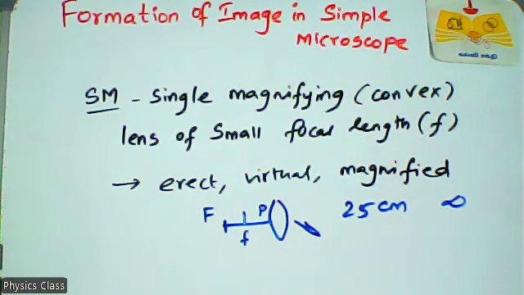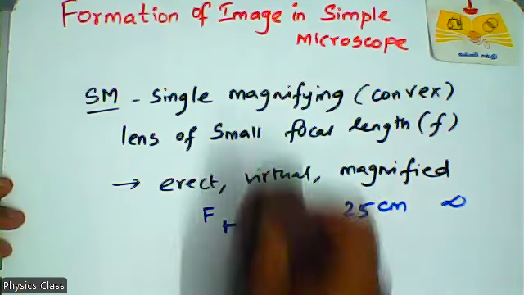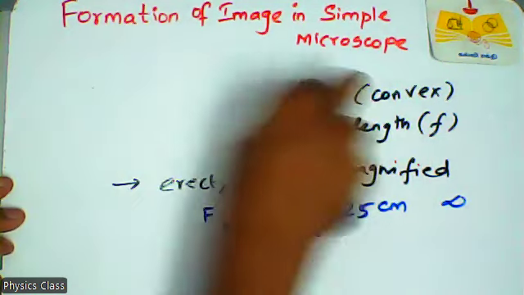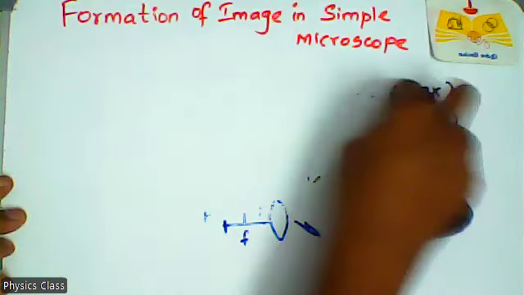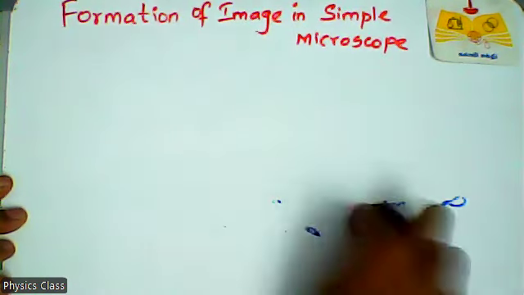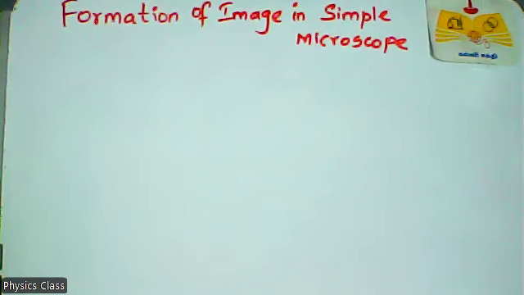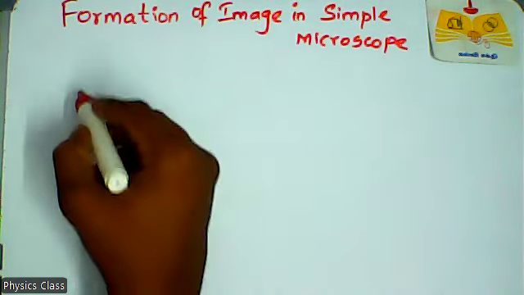So 25 centimeter is the near point, and infinity is the far point for the healthy human eye. Okay, right. So image formation in simple microscope is classified into two cases: one is near point focusing, another is far point focusing.